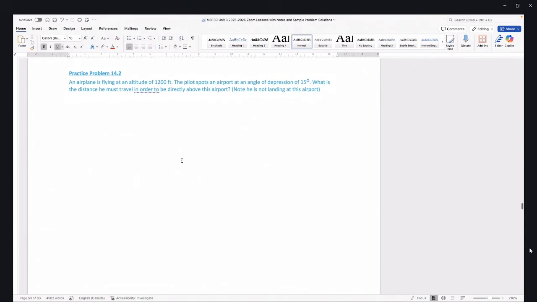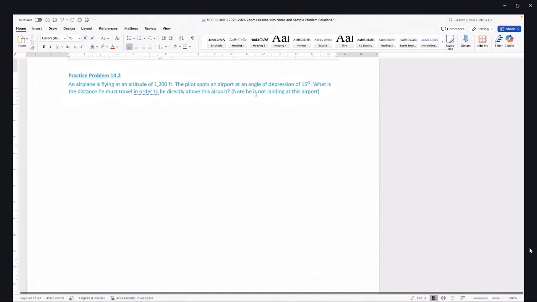This one, sample problem 14.2, an airplane is flying at an altitude of 1,200 feet. The pilot spots an airport at an angle of depression of 15 degrees. What is the distance he must travel in order to be directly above the airport? No, he is not landing at this airport.